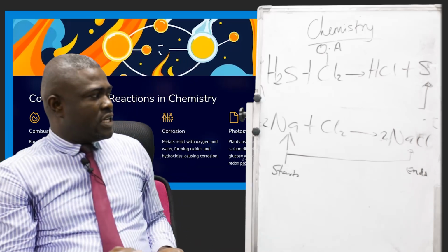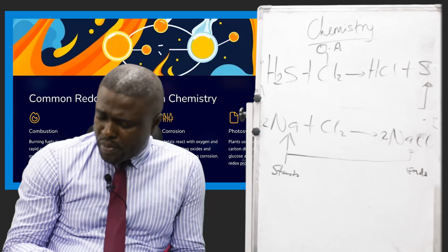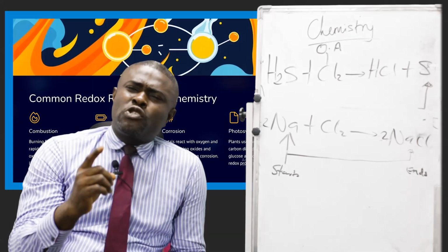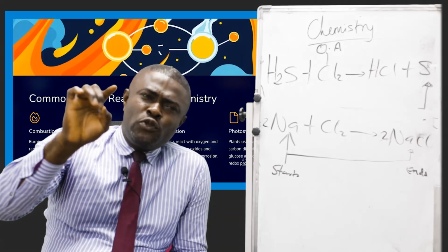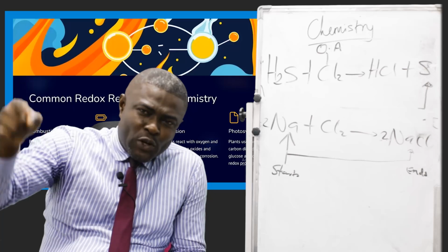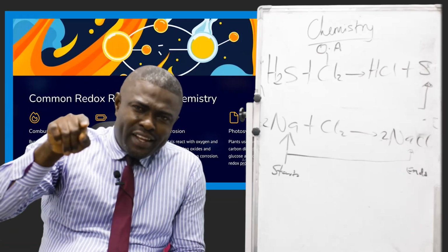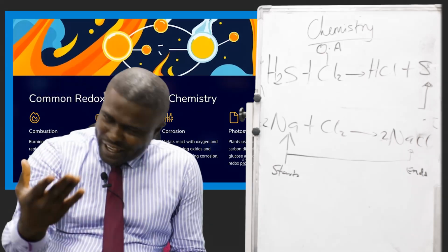The reaction started where you have just an element, sodium. At the end of that reaction, you now have sodium plus another element. What exactly is the other element? Chlorine. Is chlorine an electronegative element or an electropositive element?